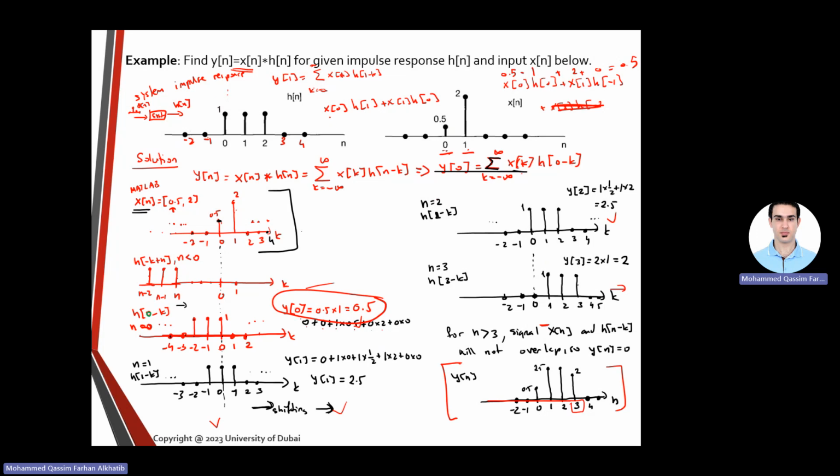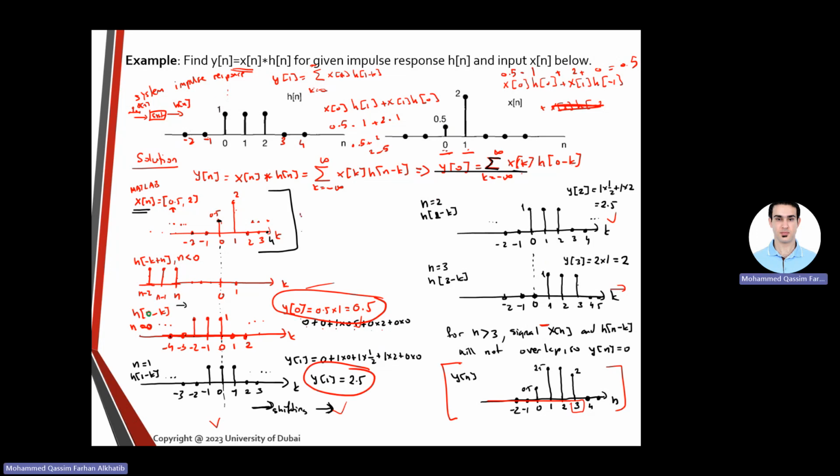So how much is x of 0? 0.5 times h of 1, it's 1, plus x of 1 is how much? 2 times h of 0, that is 1. So 0.5 plus 2 is going to be 2.5. There you go. 2.5.